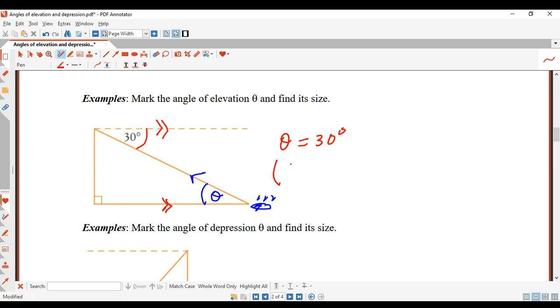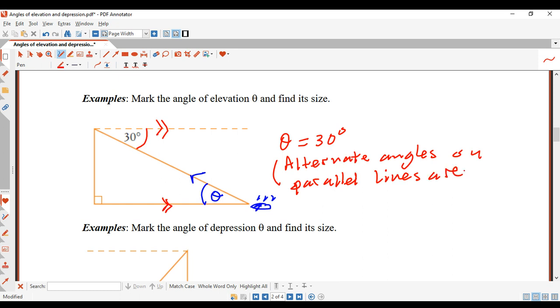And usually you've got to put the reason. So you'd say alternate angles on parallel lines are equal.